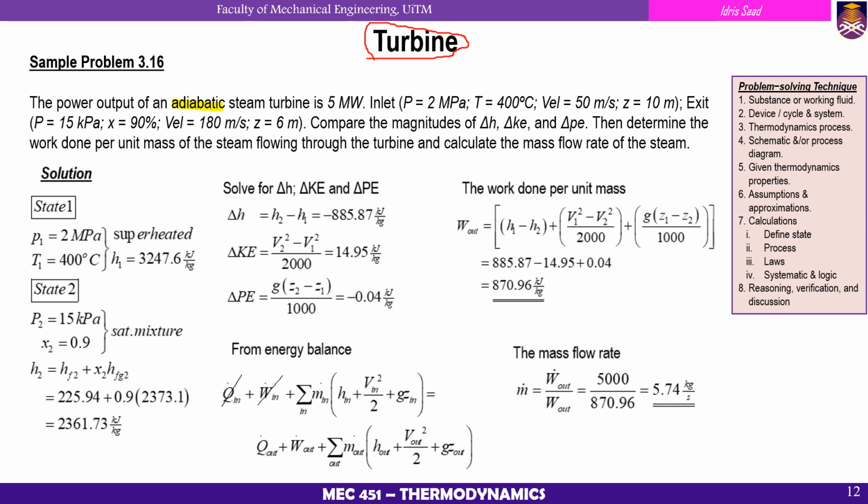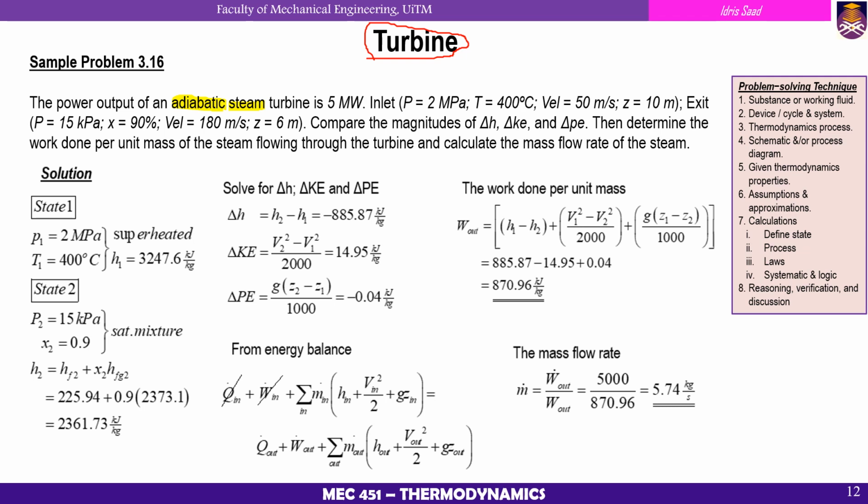Adiabatic means no heat transfer, that is Q is equal to 0. When we say steam, the substance is water, so we have to determine the properties based on property tables A4, A5, and A6.